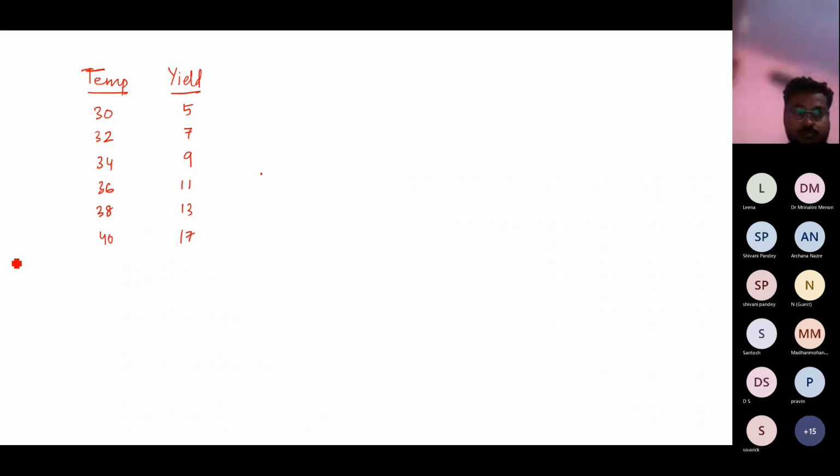So the slope is given as R into Sy by Sx, where Sy is given as the square root of the sum of y minus y bar squared, divided by n minus 1.